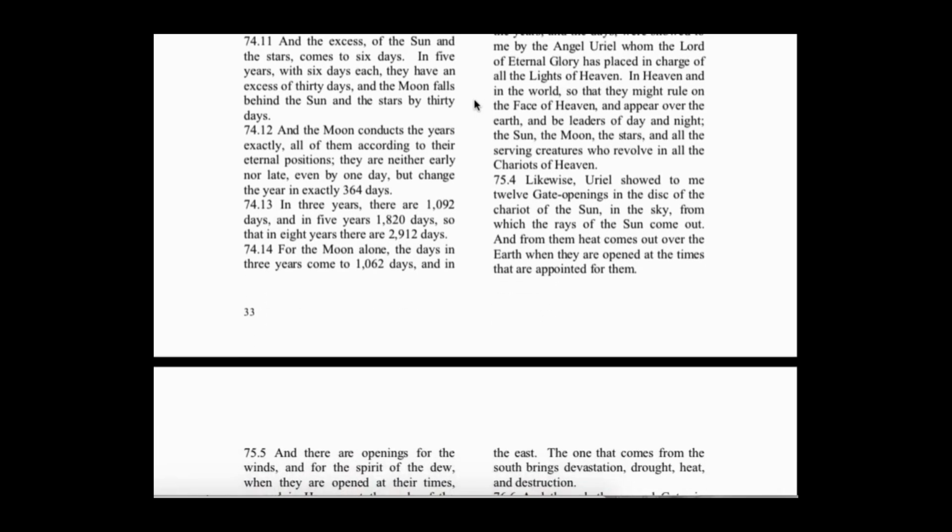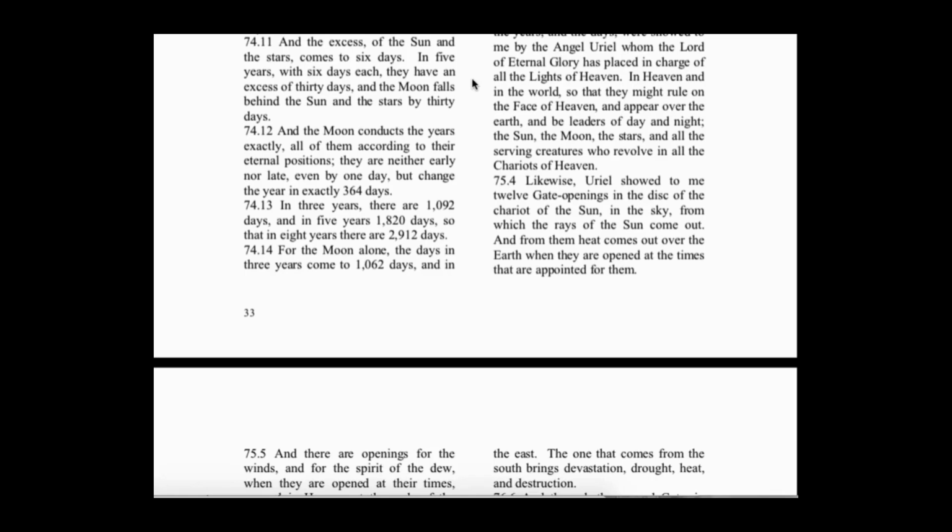And the excess of the sun and the stars comes to 6 days. In 5 years, which is 6 days each, they have an excess of 30 days, and the moon falls behind the sun and the stars by 30 days.